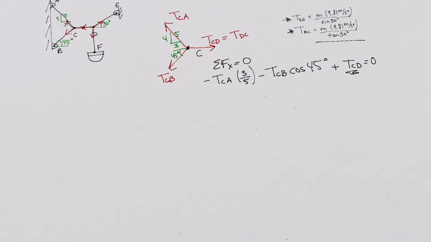So let's do sum of the forces in the y direction equals 0. We get TCA times 4 over 5, and that's positive, minus TCB sine of 45 degrees, that equals 0. So we've got two equations again, or two unknowns in that equation also.